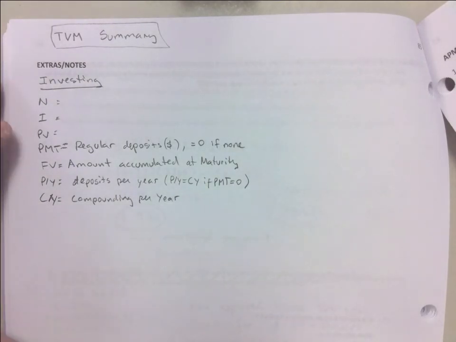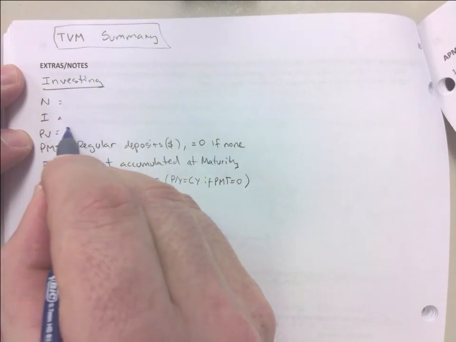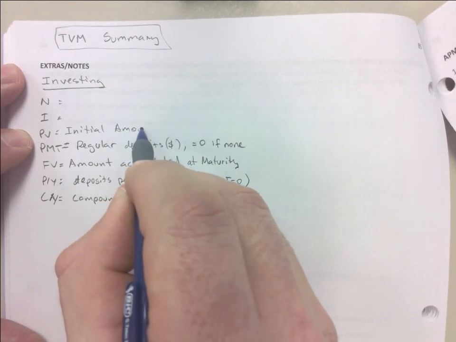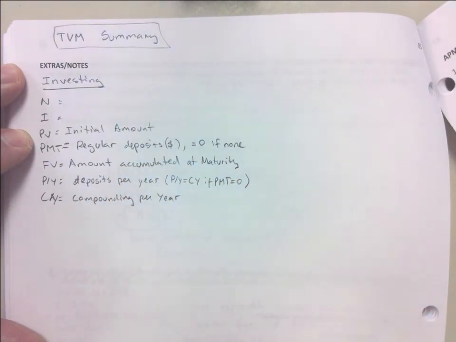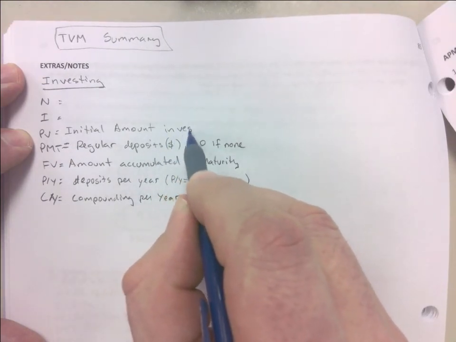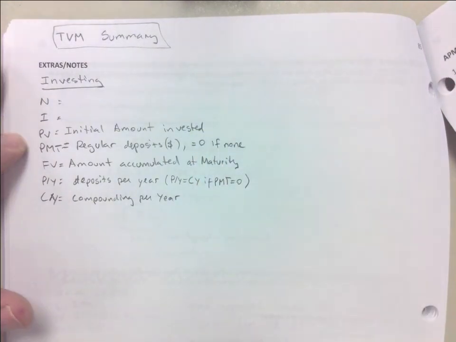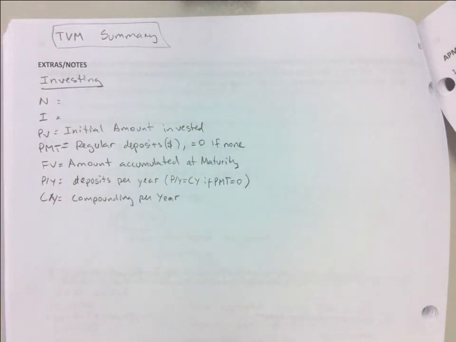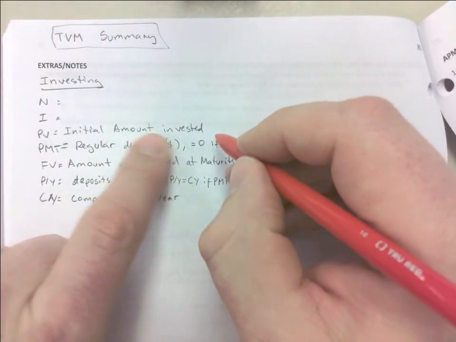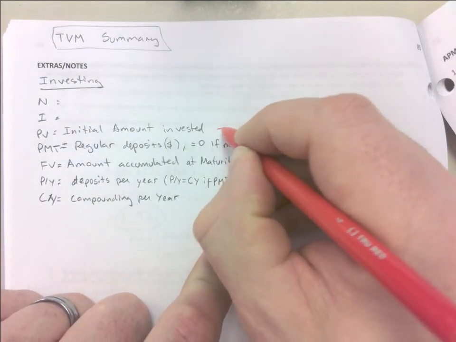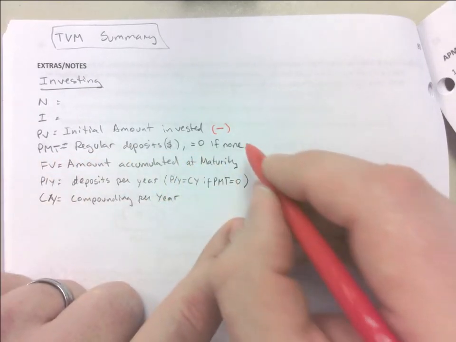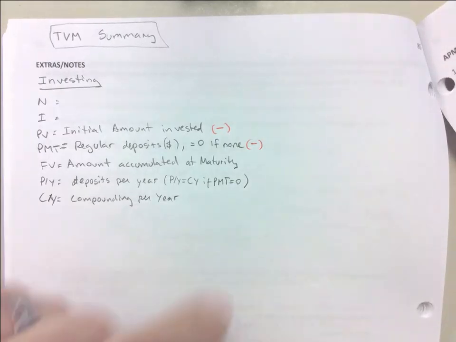Okay, present value is the initial amount invested. I want to add this with a red pen, that the initial amount invested should be negative and the regular deposits should also be negative.